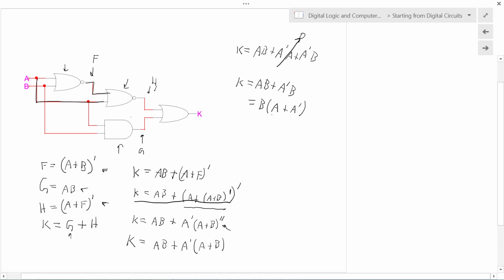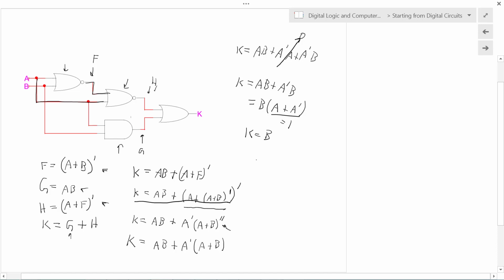And we see that this is equal to 1. So K is equal to B. So our simplification here, we can actually remove all 4 of these gates.